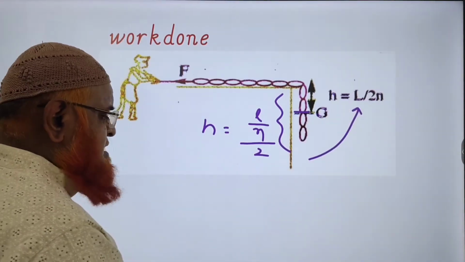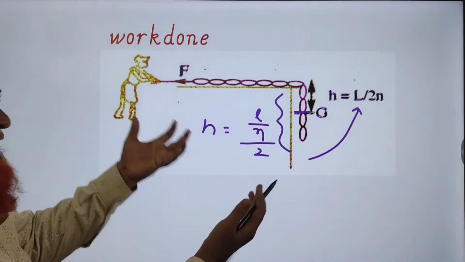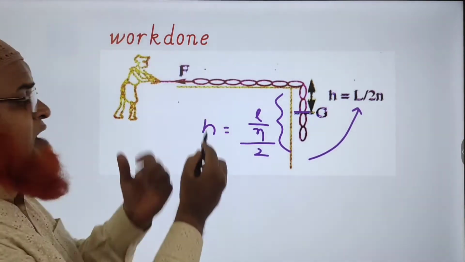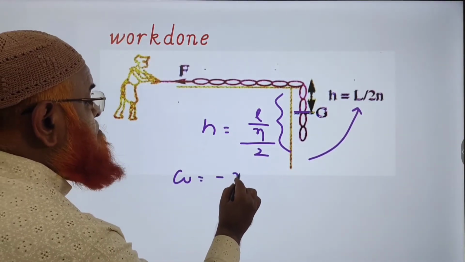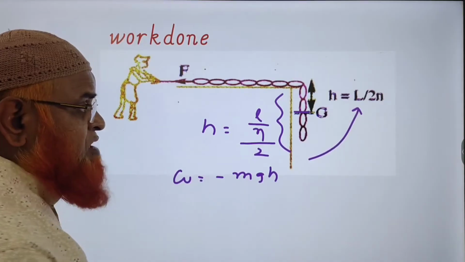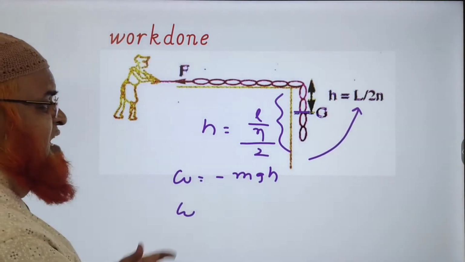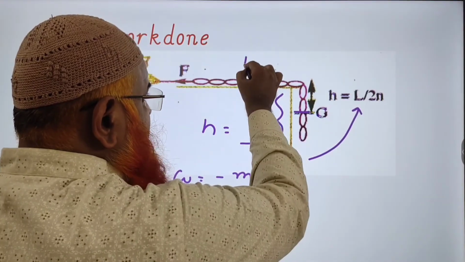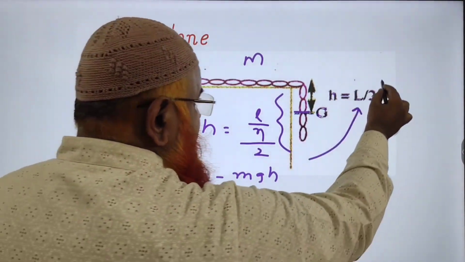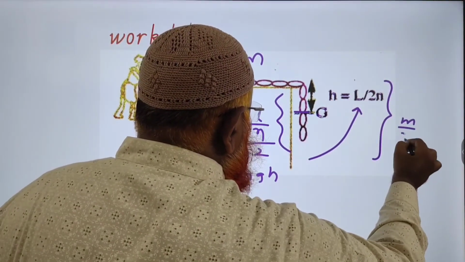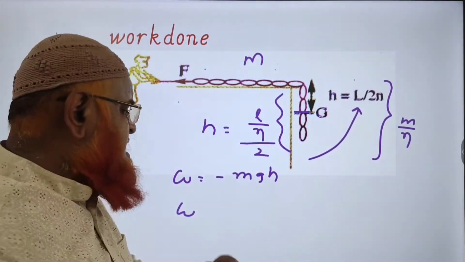Therefore, work done in pulling the chain upwards against the gravitational force is considered to be minus mgh, because it's going opposite to gravity, so a minus sign will come. Here the total mass of the chain is m, but the hanging part has a mass of only m by n.